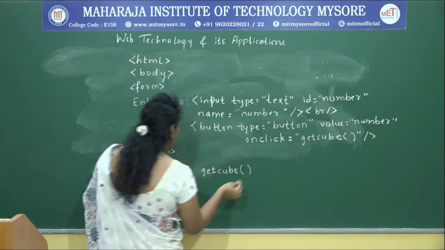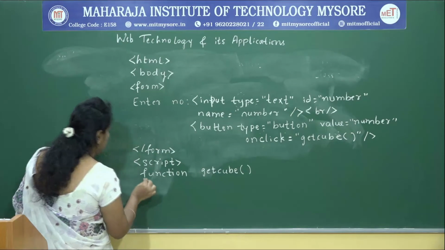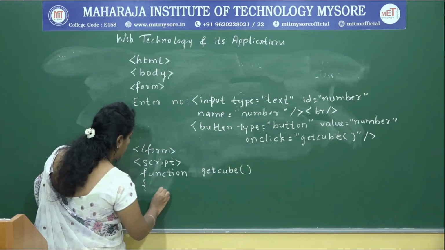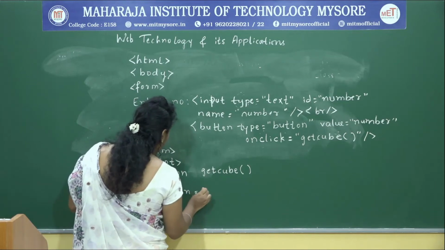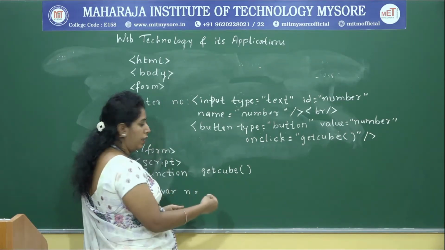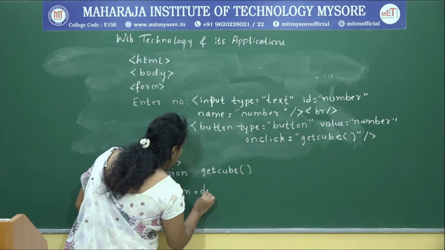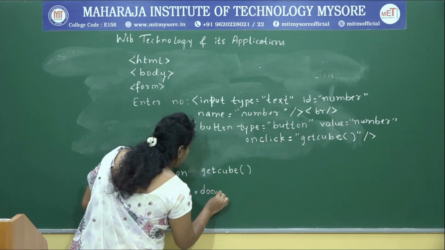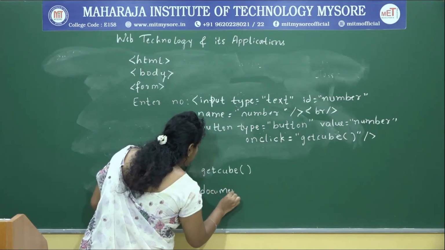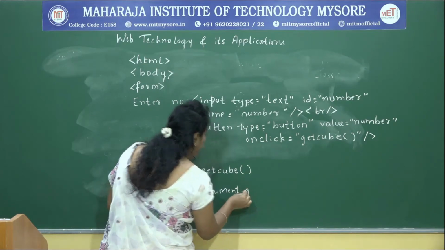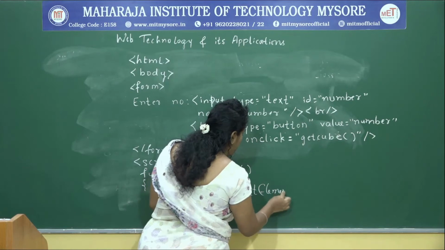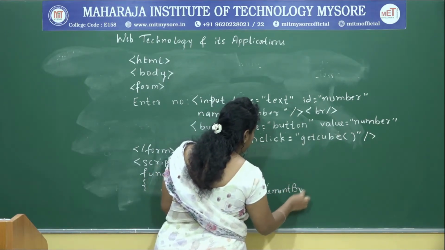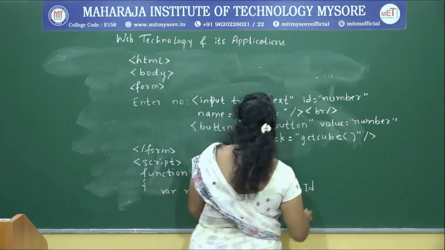Now, in the function, n equals, how do you read the input? Through document.getElementById.